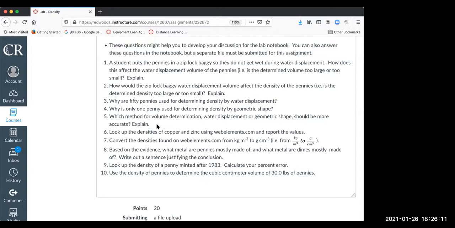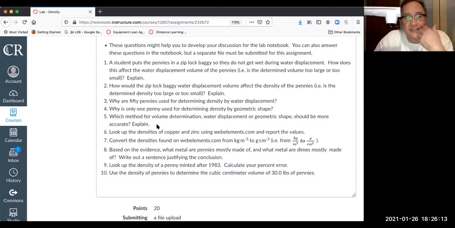Converting the densities. Actually, number one just says a student puts the pennies in a Ziploc baggie, shoves them in the water, and measures the volume. Is the volume going to be too large or too small? So we're not really measuring anything, but we're thinking about, well, what if you stuck a plastic baggie in there with your pennies?